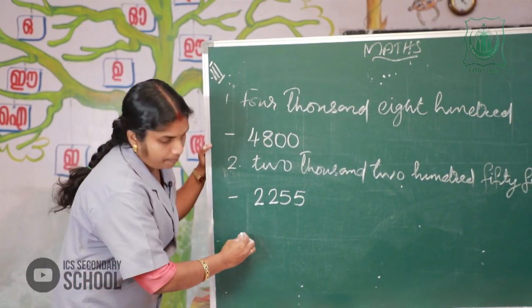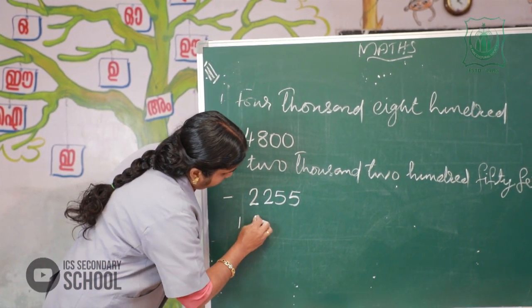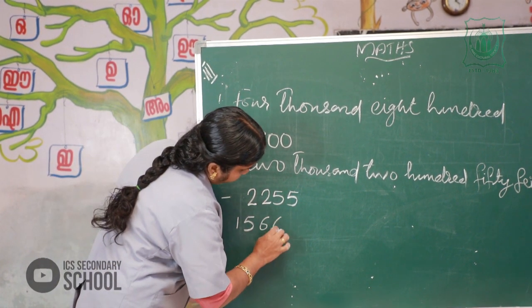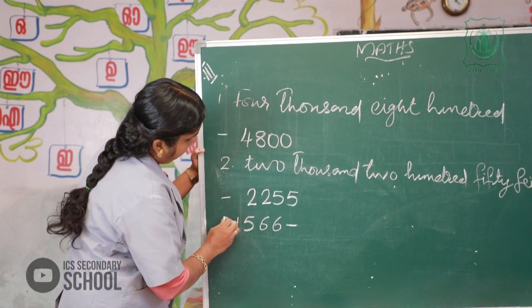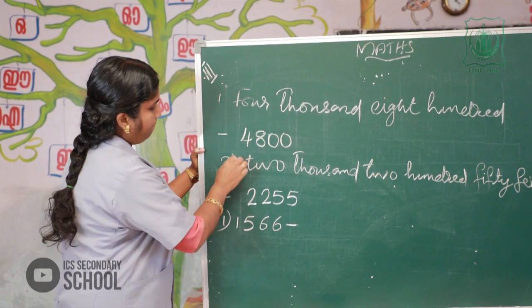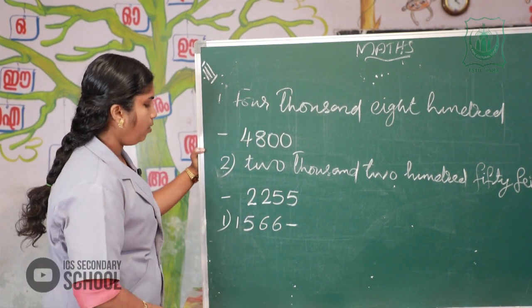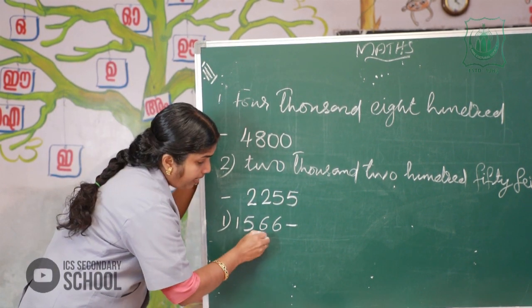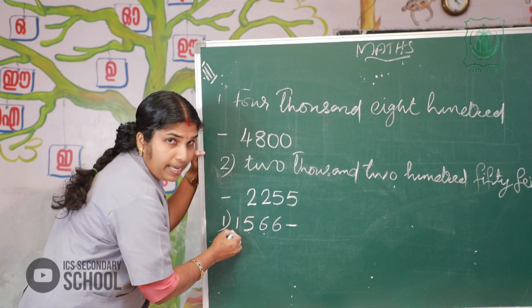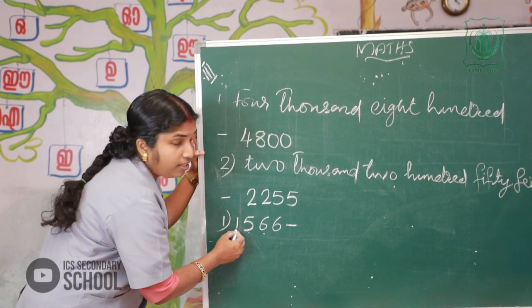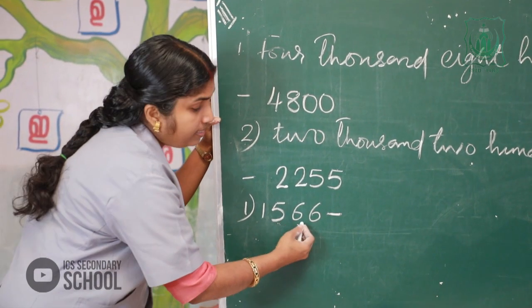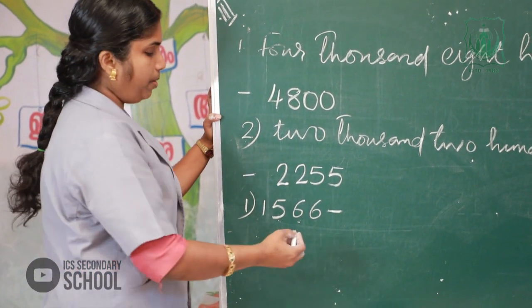First number, 1566. Okay, 1 place, 10 place, 100 place and 1000 place. So we write that as 1566. How many places are there?